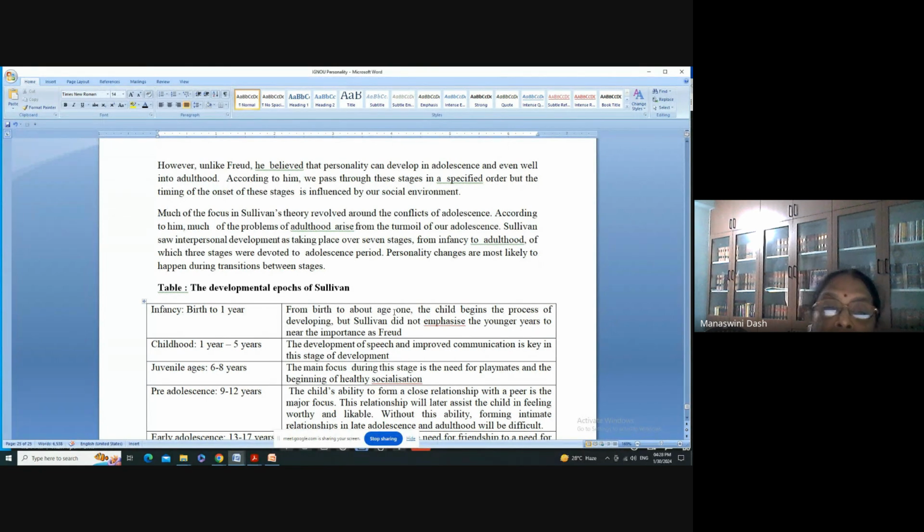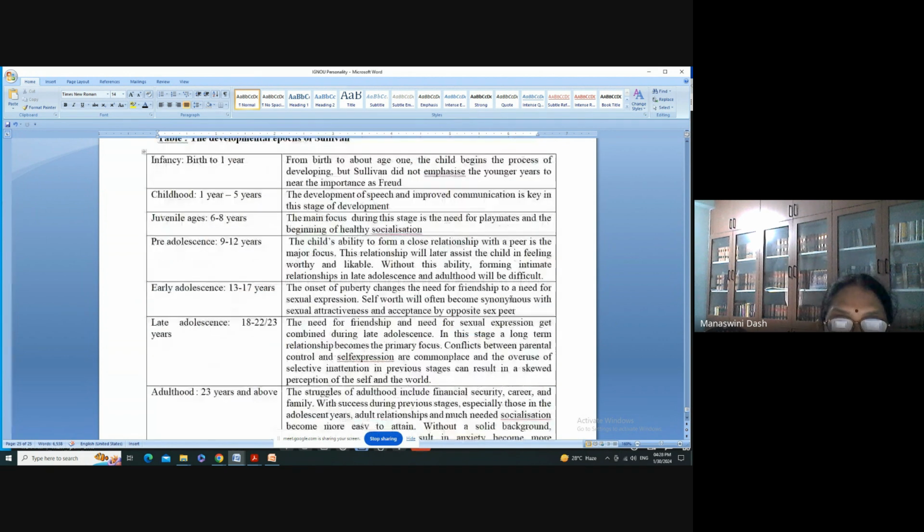Personality changes are most likely to occur during transitions between stages. So there are 7 developmental epochs.